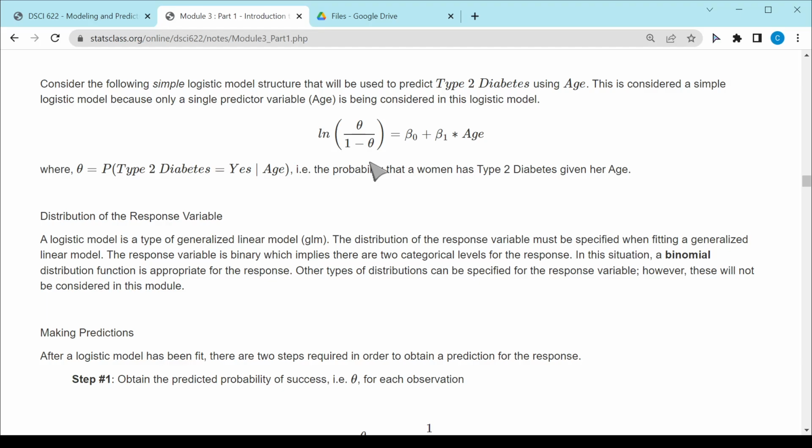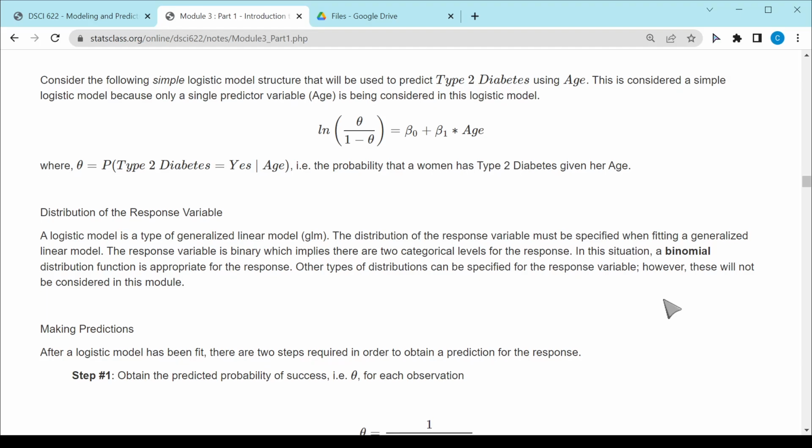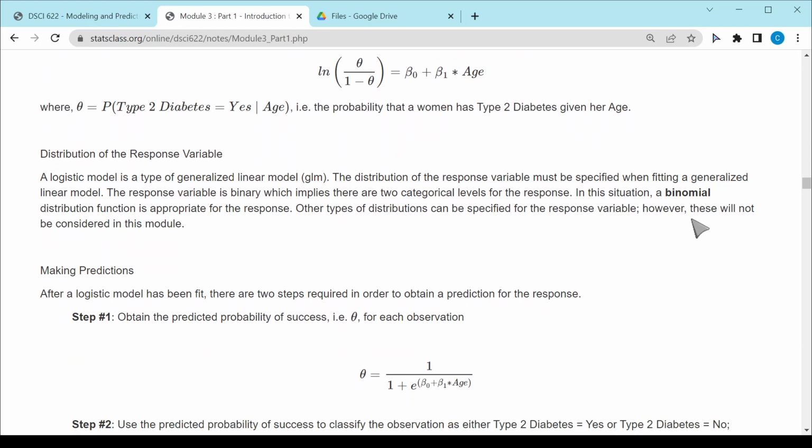It's categorical. It has 2 levels. Yes, they have diabetes, or no, they don't. And the correct reference distribution for that response is a binomial distribution function. So when I'm fitting this in my software, I'm going to have to specify that distribution.